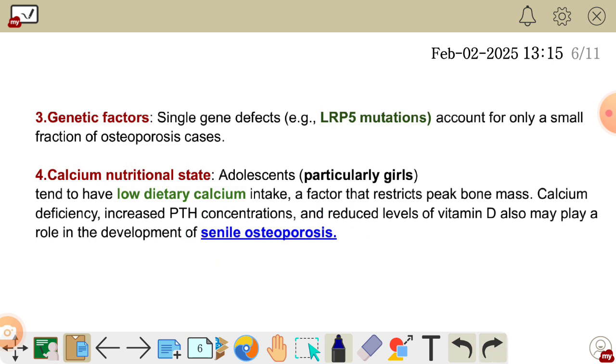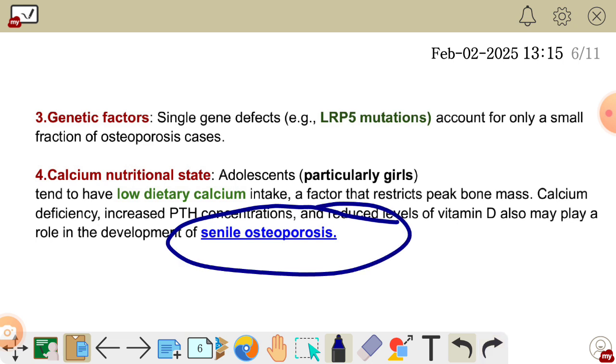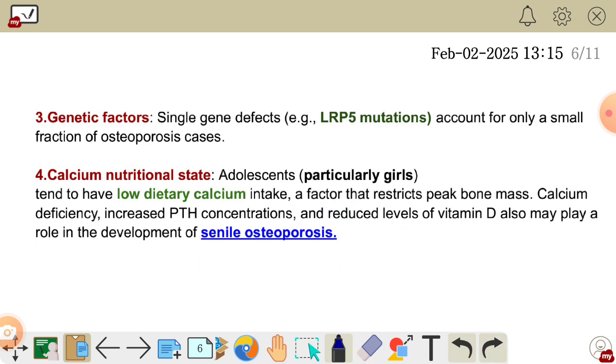Calcium is involved in formation of bone, and calcium absorption is mediated by vitamin D. So if you have calcium deficiency, bone formation will be affected, and that will lead to low bone density, which is called osteoporosis.